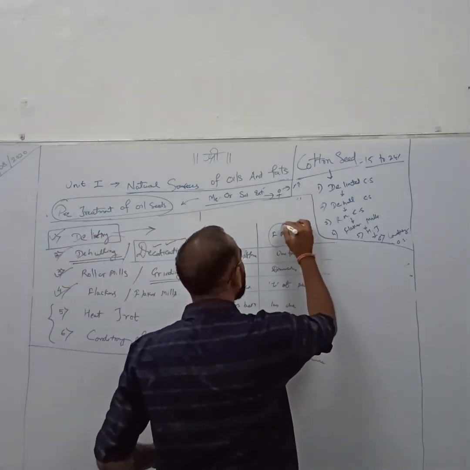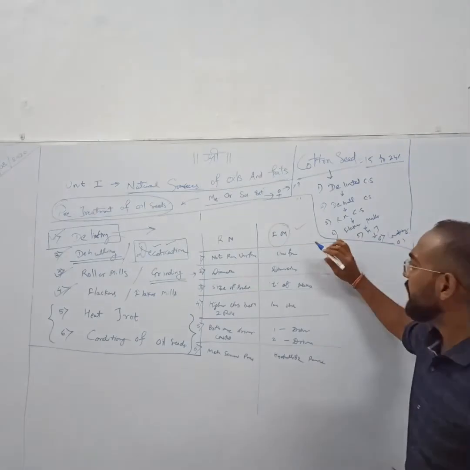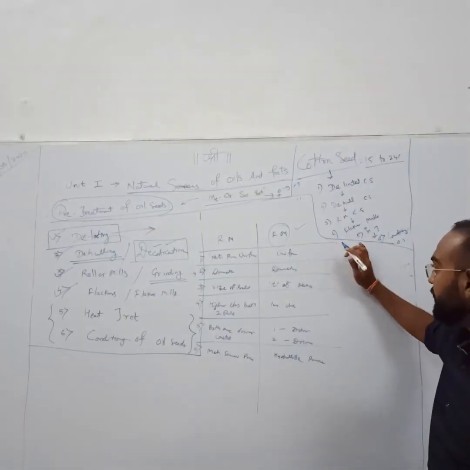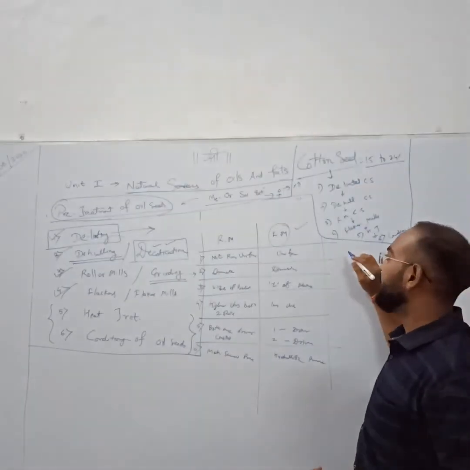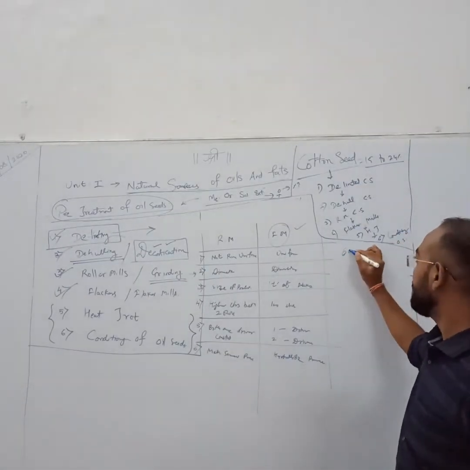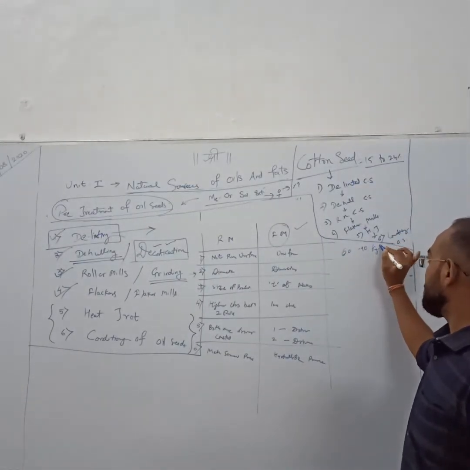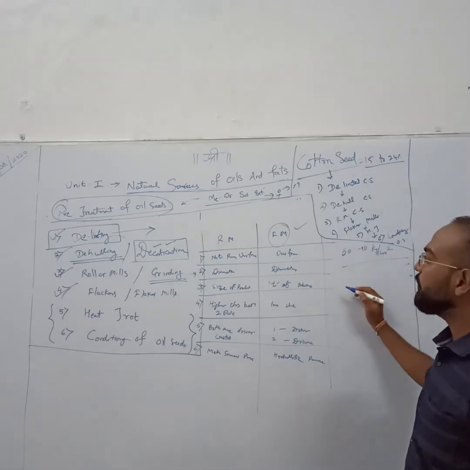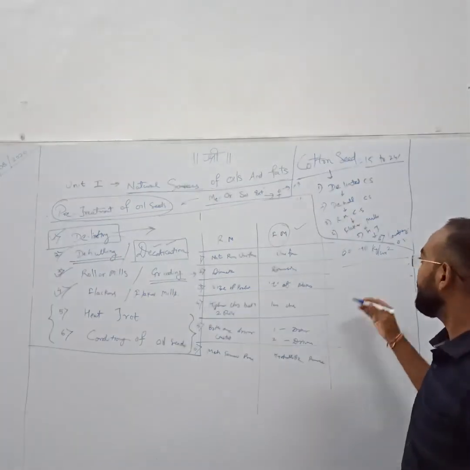Flaker mill is very easy in construction and simple in operation, but the main thing is it requires very high pressure, around 60 to 90 kg per meter square, and the surface of the flaker rollers is very smooth.